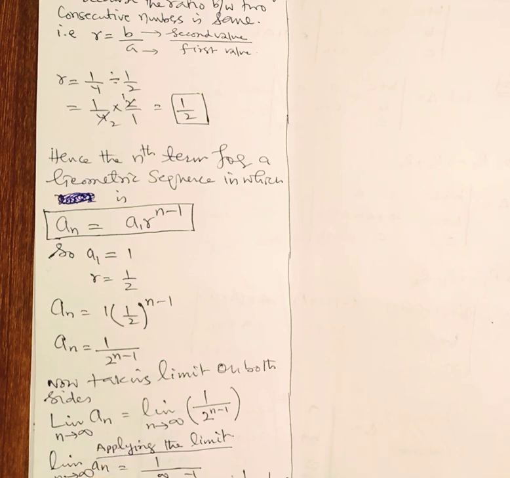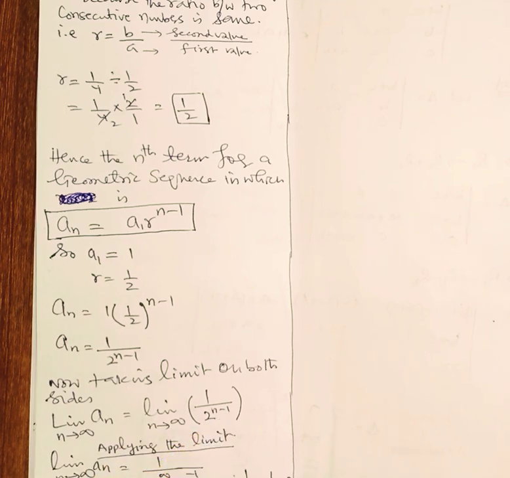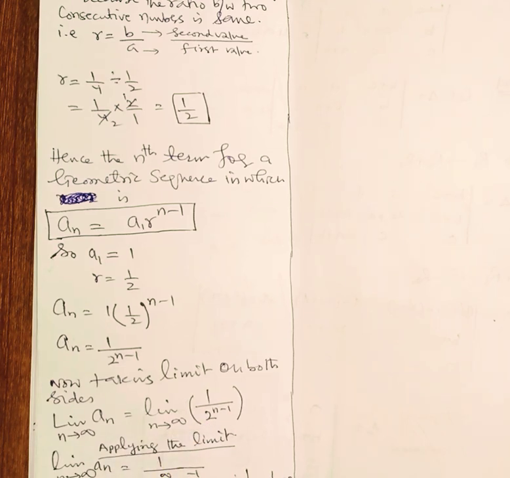So we get 1 over 2 power infinity times 2 power minus 1. We can also write this as 2 power n times 2 power minus 1, because when the bases are the same, the powers are added. This gives 1 over 2 power infinity times 2 power minus 1.